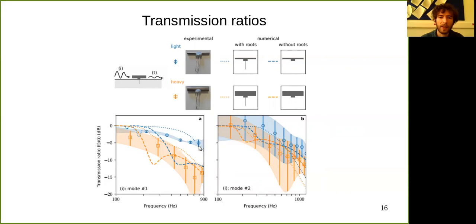You see that there is pretty good agreement, and you see that indeed there is a low pass filter like behavior. I have also plotted a numerical model without roots to show that the effect of the roots is to reduce the quality factor, because without roots you see resonant effects that increase the effect.